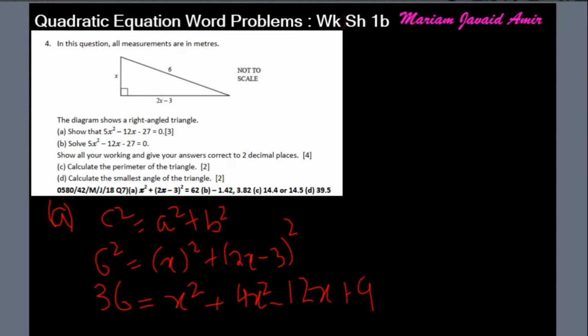Rearrange, and we need 0 at one end, so 0 is equal to 5x square minus 12x, and then 9 minus 36 will be minus 27, and we have achieved the required equation.